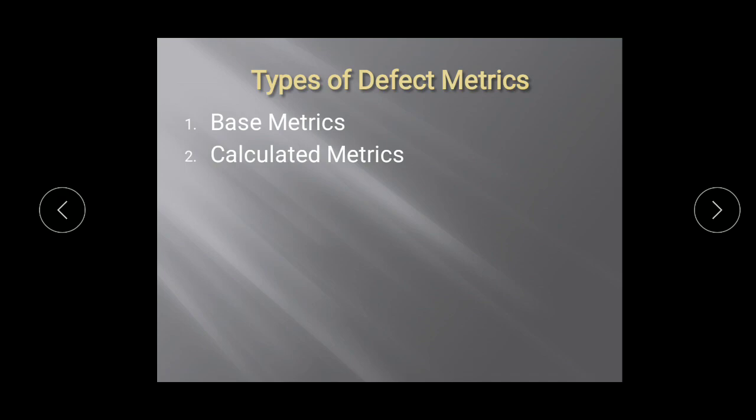So examples of calculated metrics are percentage of tests executed, that is test coverage, percentage of tests not executed, that is it will calculate the percentage out of 100, then percentage of tests passed, percentage of tests failed, percentage of tests blocked, defect density, defect removal efficiency, that is DRE, then defect leakage and defect rejection ratio.